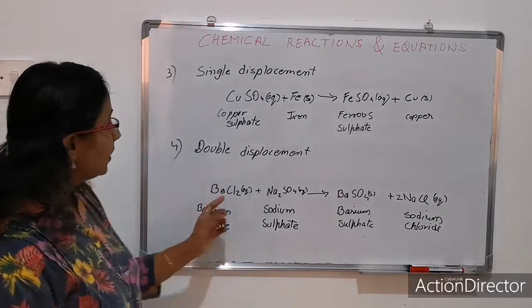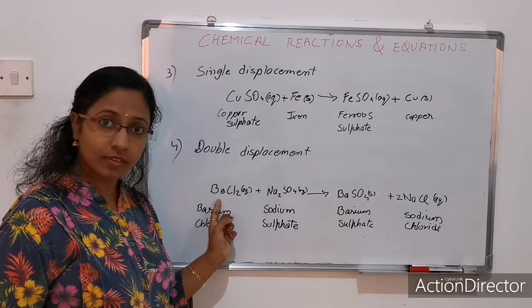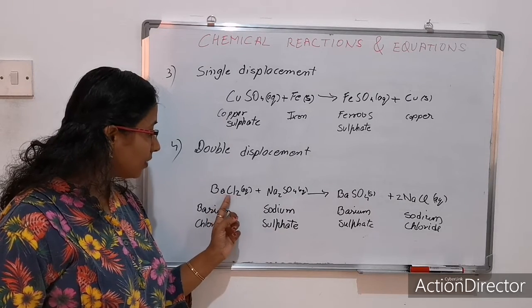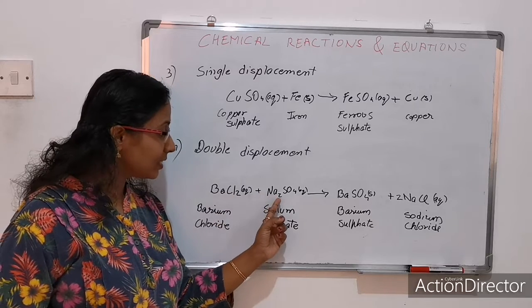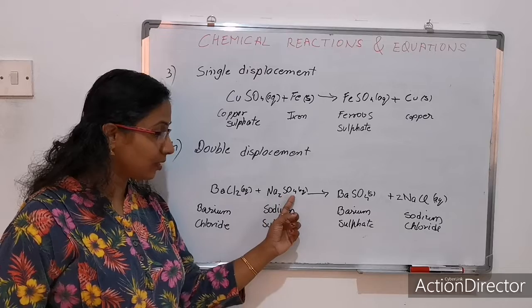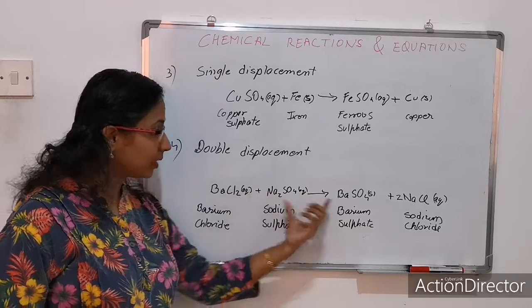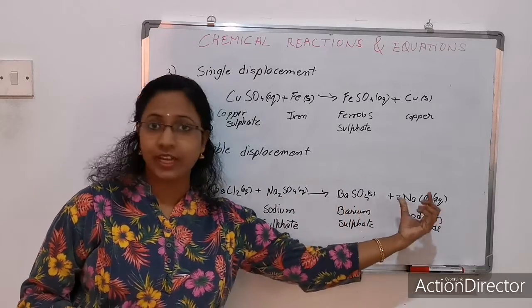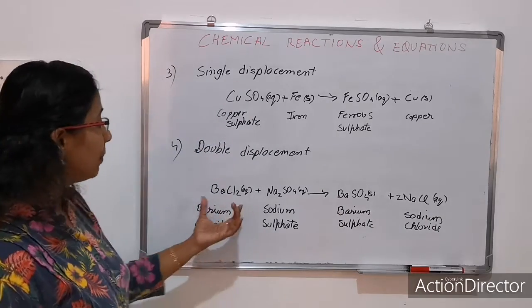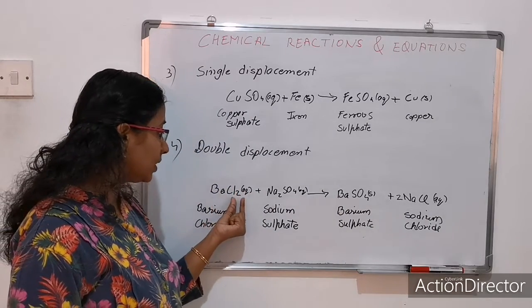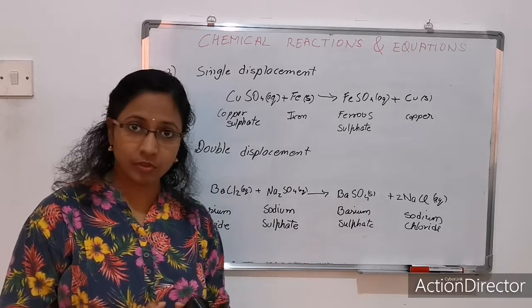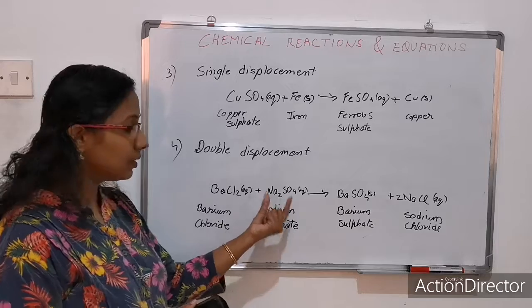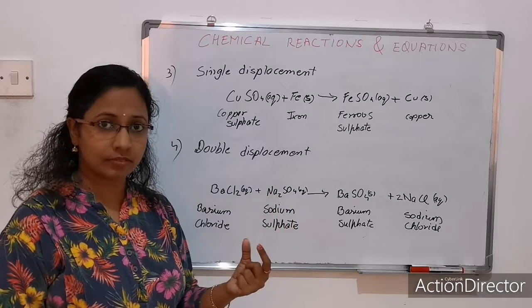That is, BaCl2, if this is me, I am sitting with Cl, the other person is Na2 sitting with SO4, we exchange the partners and it becomes BaSO4 and NaCl. So double displacement is whatever the second thing is getting exchanged, getting displaced.